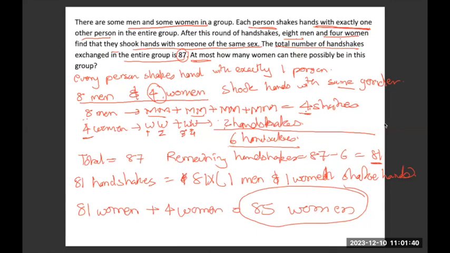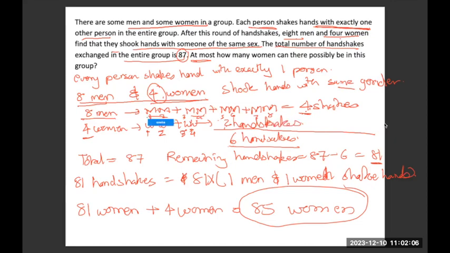Hello, ma'am. Yes. How did you count the 81 handshakes? See, 8 men and 4 women are shaking hands with the same gender and every person is shaking hands only once. So for 8 men you get 4 handshakes, because of the number of men: 1, 2, 3, 4, 5, 6, 7 and 8. These are 8 men shaking hands together.